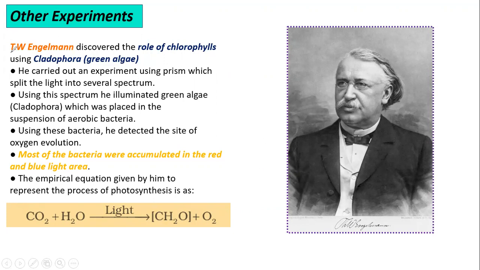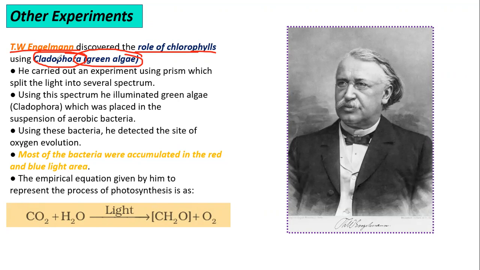T.W. Engelmann discovered the role of chlorophylls: how chlorophyll helps in the process of photosynthesis. He used an experimental material, Cladophora, which comes under Chlorophyceae or green algae. Previously a question was asked: who discovered the role of chlorophyll using green algae? That was T.W. Engelmann.